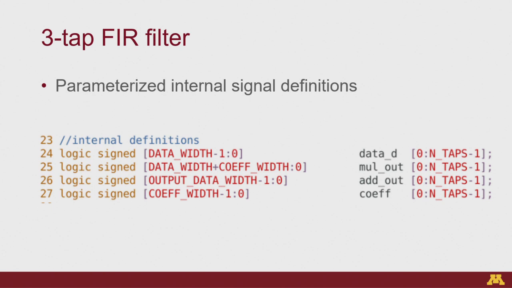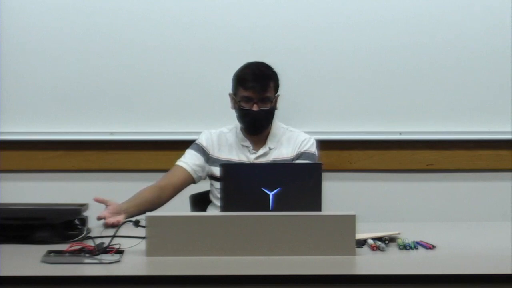Then once we have the output, we have the output data width, to which we convert this multiplier output, and we have this data width for the coefficient. And in the unpacked dimension, we have defined the number of taps, because for each tap, in this case 3 taps, these are 3 individual operations.